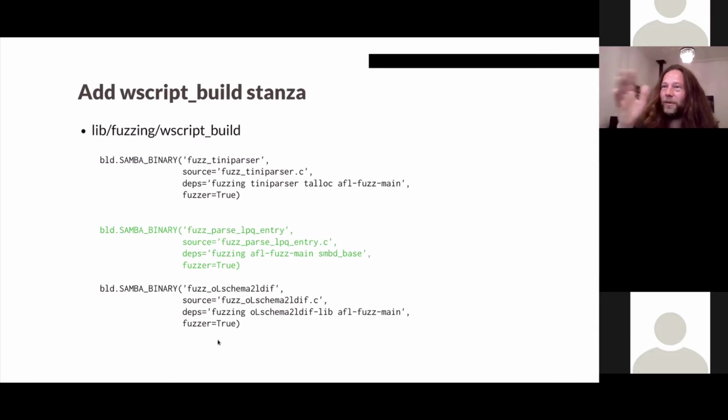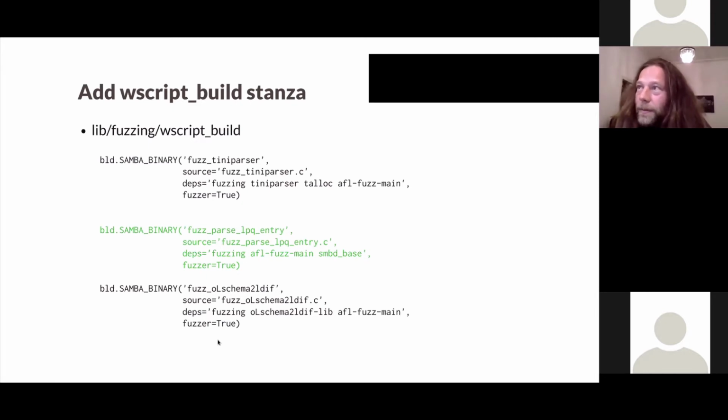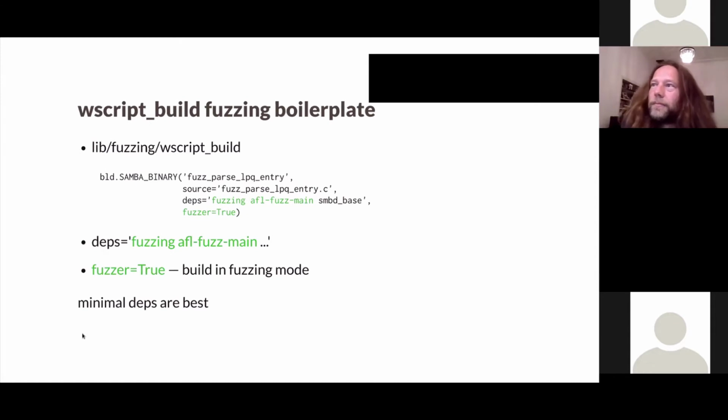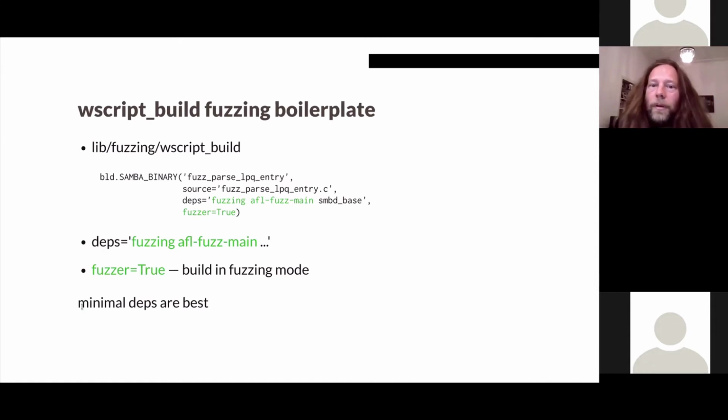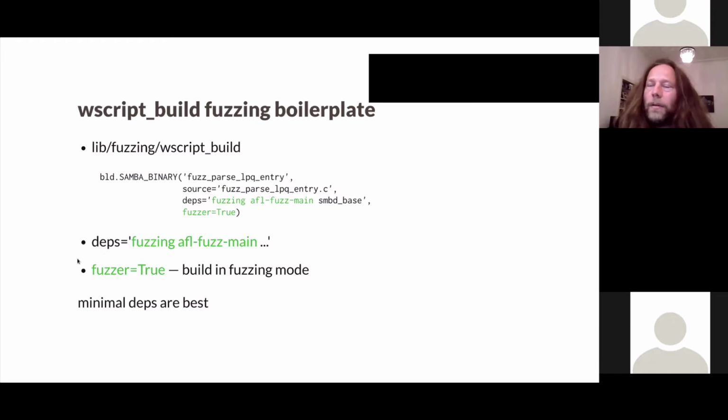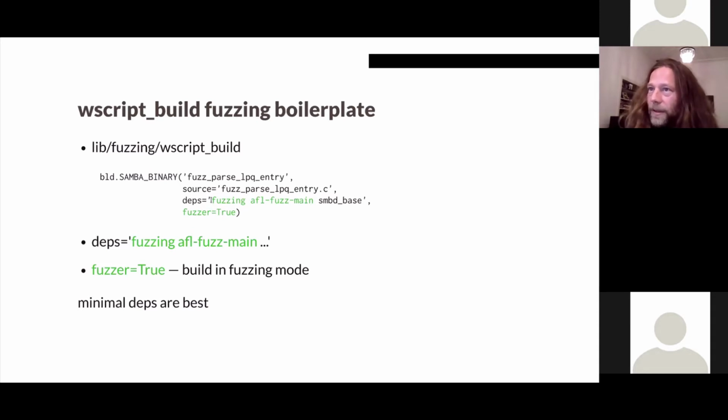And then in the W script build, you put in this little thing. Now, there's a few dependencies, you add this fuzzing and AFL fuzz main.